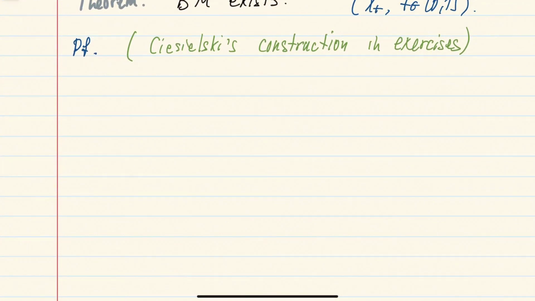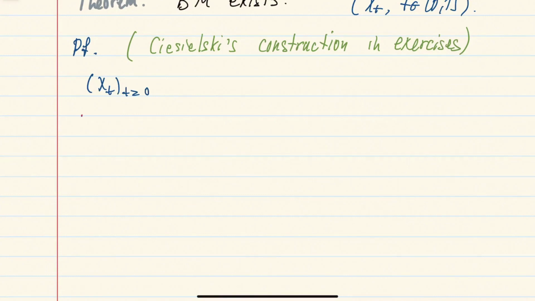So if you take the process ensured by Kolmogorov's extension theorem, then the main idea here will be to simply look at the values on some dense set and then approximate everything else by the process at those times, and make sure that along the way you do get a continuous process.